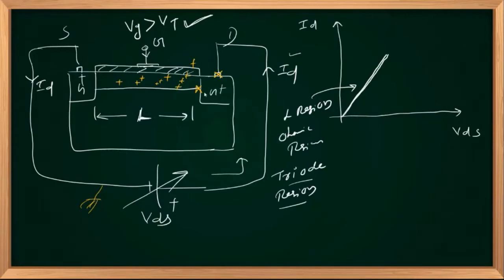Is that okay? And there exists a problem in the channel: the gate potential minus the channel potential at each and every point in the channel is not the same now. Gate to channel potential is maximum at source end. The difference between gate and channel potential decreases as we move towards drain. And the difference VG minus V channel is least at the drain end.